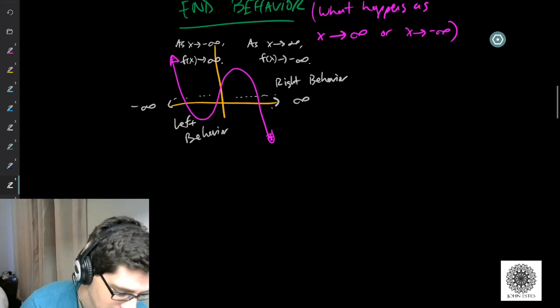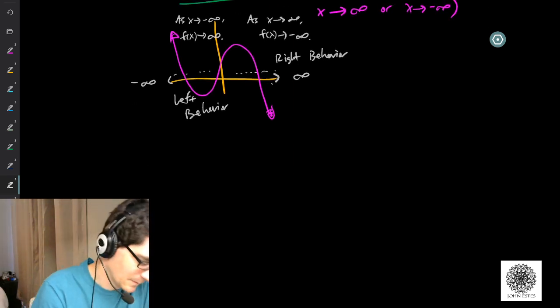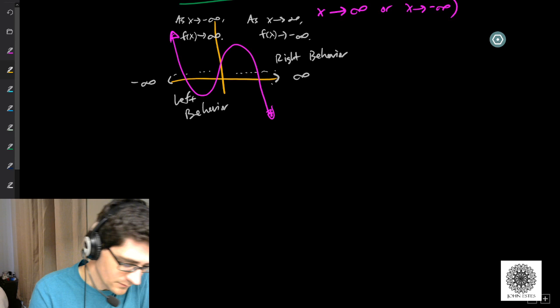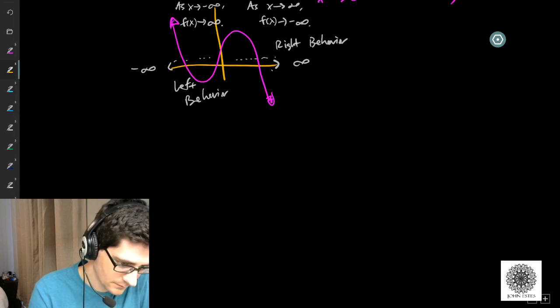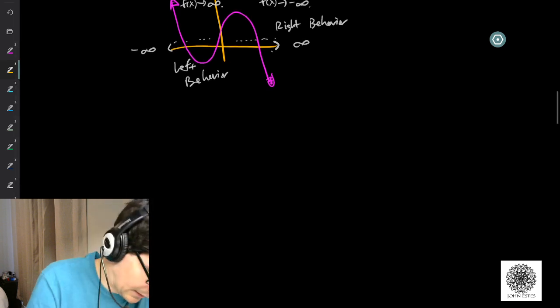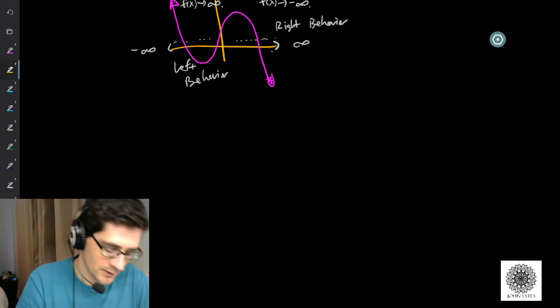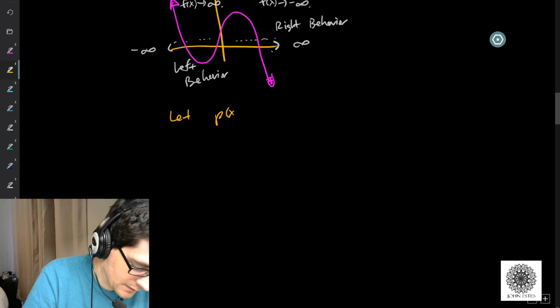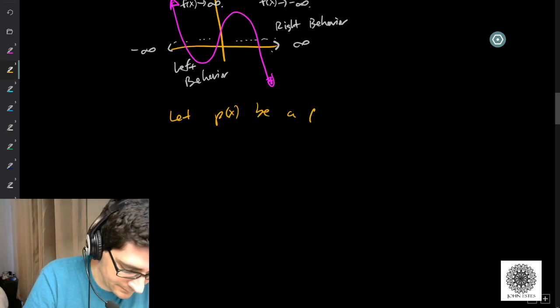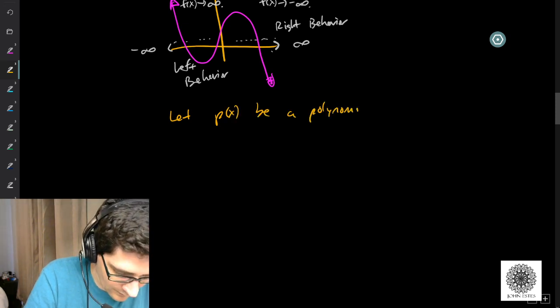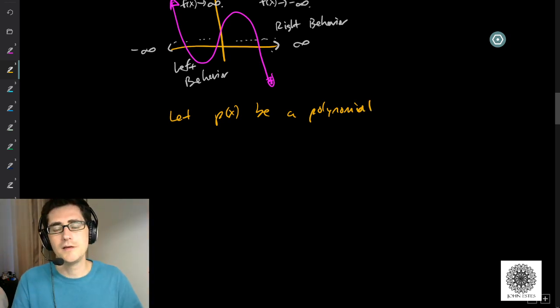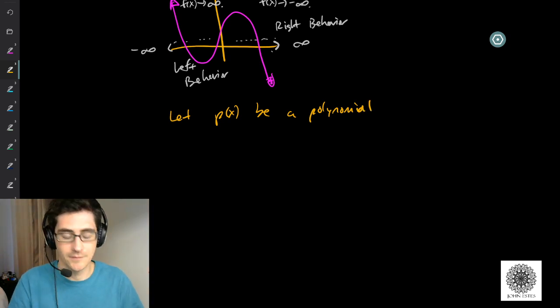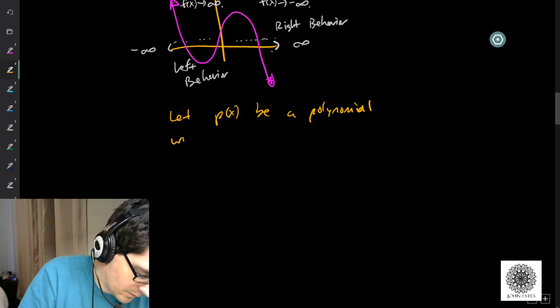So let me set this up for a second. There's two things to keep in mind. Let p of x be a polynomial, and we need a degree and a leading coefficient for this polynomial, but we want to stay general.